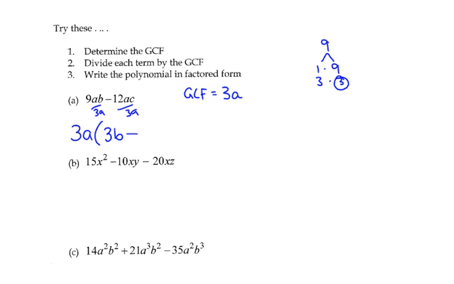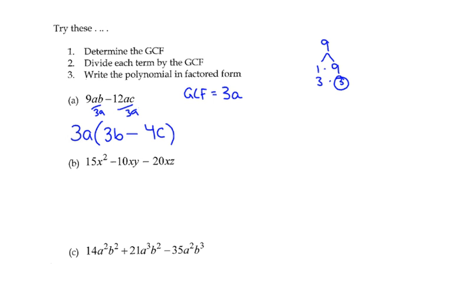So we divide both by a 3 and an A. Negative 12AC divided by 3A is 4C. So the 3A is the GCF, and that goes in front. In the brackets goes what's left over, the 3B minus 4C.